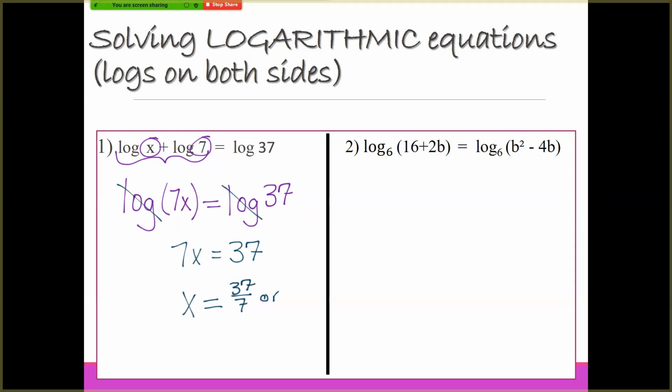Or again, if you convert to a decimal, 5.28. So just one extra step from the ones on the previous slide.